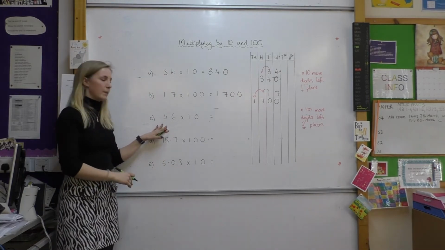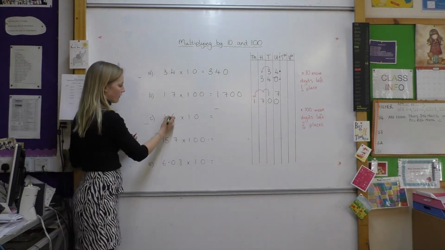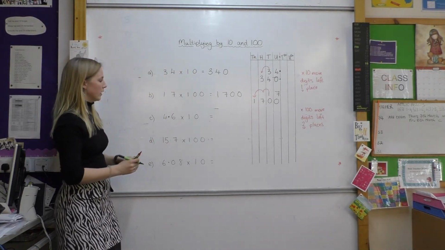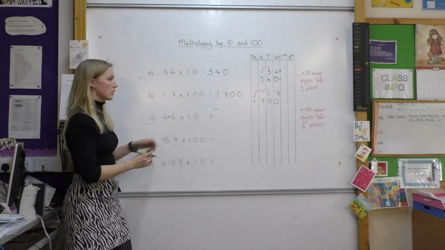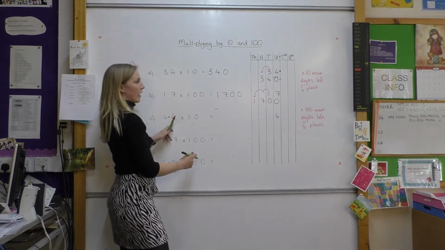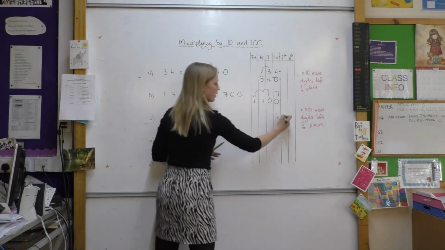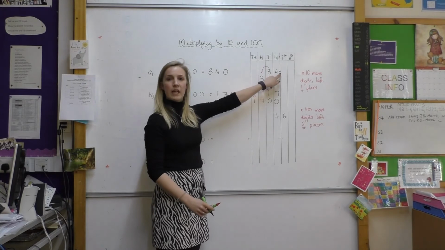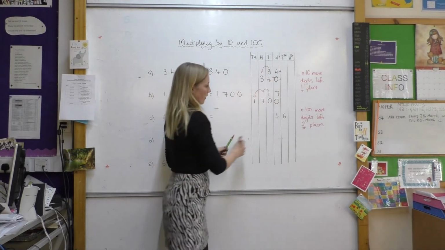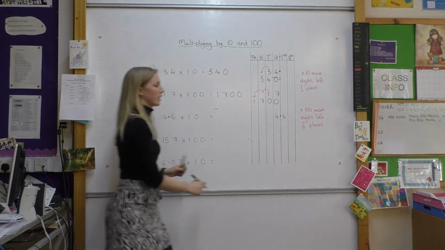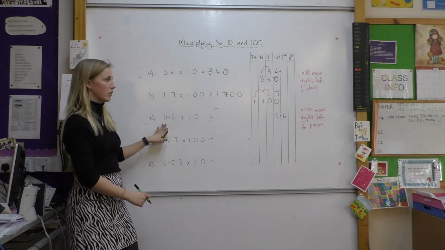Looking then at some decimal questions, we have 4.6 times by 10. This means I have 4 units, so it goes into my units column. And I have 6 tenths, so it goes into my tenths column. Remember at the start when we said our decimal point never moves? That means it goes right in between our 4 and our 6, as you can see in the question.